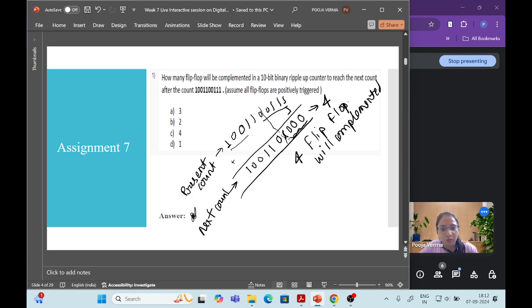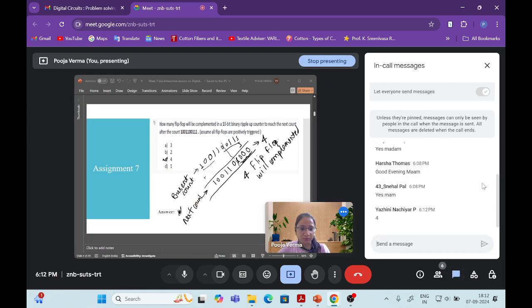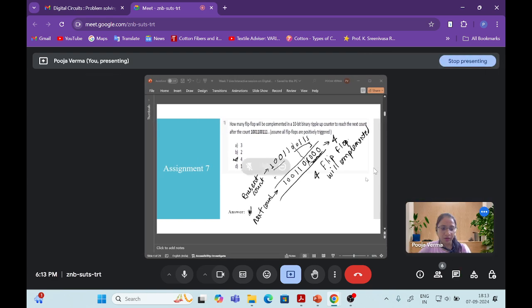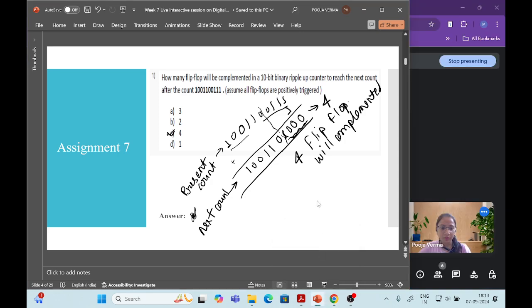Since 4 bits are changing, 4 flip-flops will be complemented. So answer C is the correct answer for this question. Have you understood this question? I hope all of you have understood. Moving to the next question.